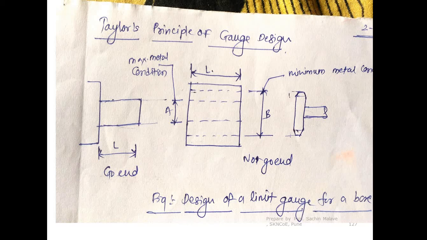As far as the go end is concerned, always remember that the go end of the gauge always checks the maximum metal condition, whereas the no go end always checks the minimum metal condition. According to Taylor, the no go end should not be made in cylindrical form. This is the cylindrical shape of the go end.